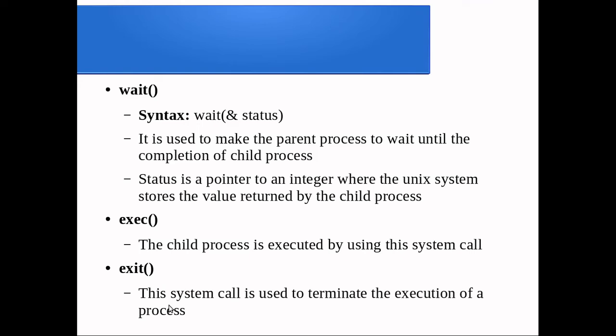After the termination of the process, the exit system call will return an integer value. If it is 0, it indicates the process terminated successfully. If it is a non-zero value, it means some error has occurred.